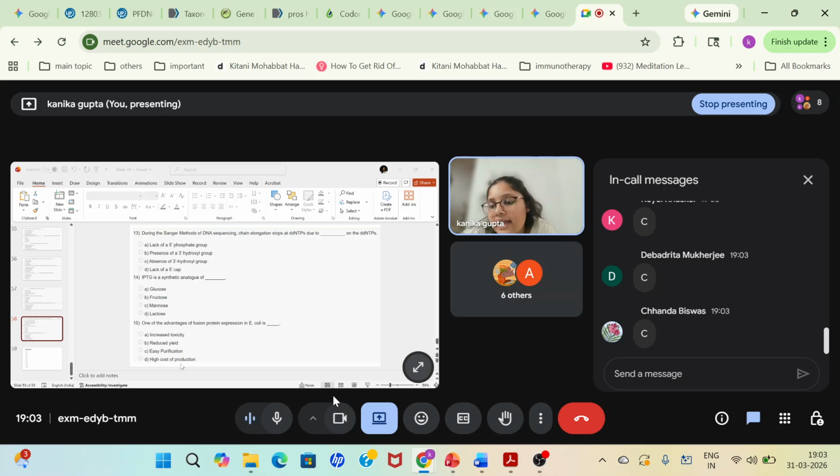IPTG is a synthetic analog of what? Yes, it is of lactose. Okay. Next question. One of the advantages of fusion protein expression in E. coli is what?